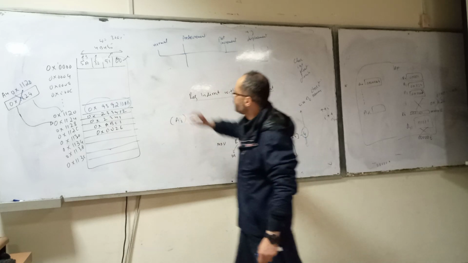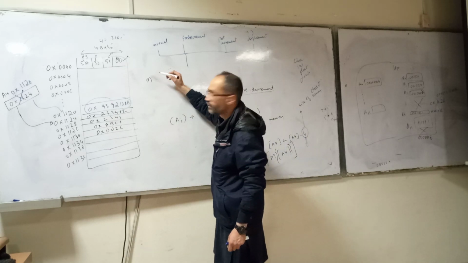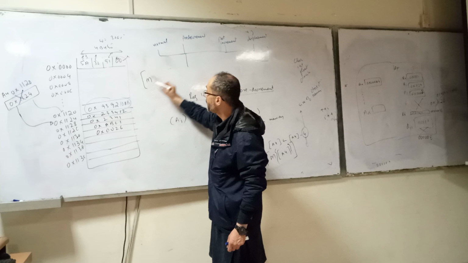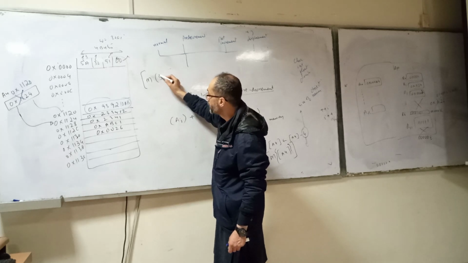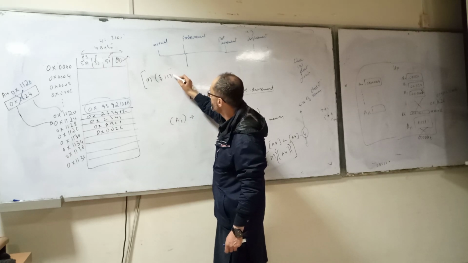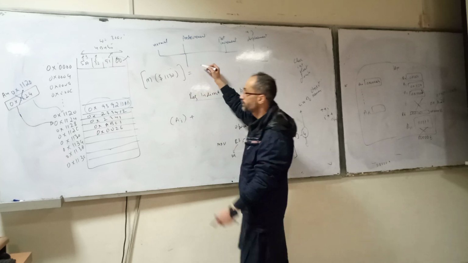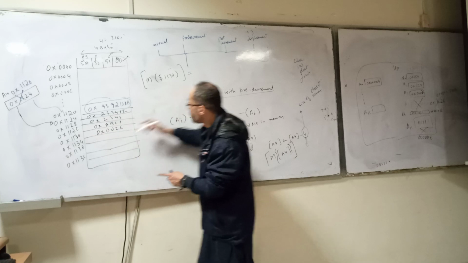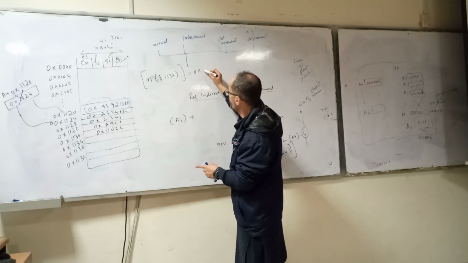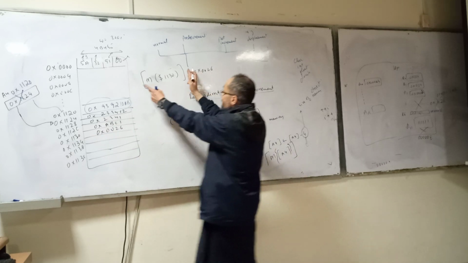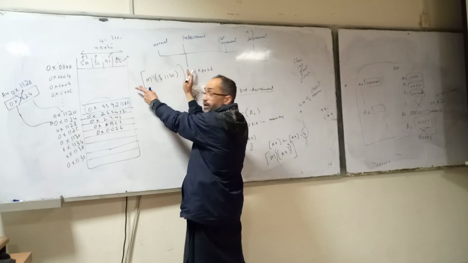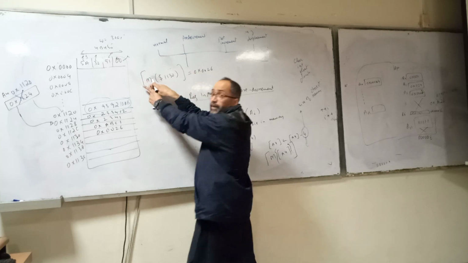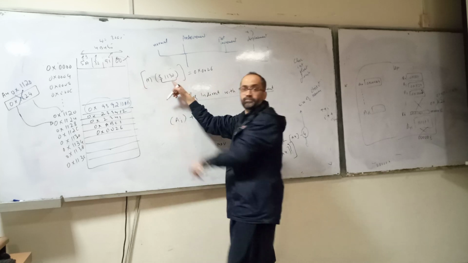So if you say memory, the contents of the memory at an address $1130, what will be the contents? 0x0026. So this bracket means content of the memory at an address 1130.